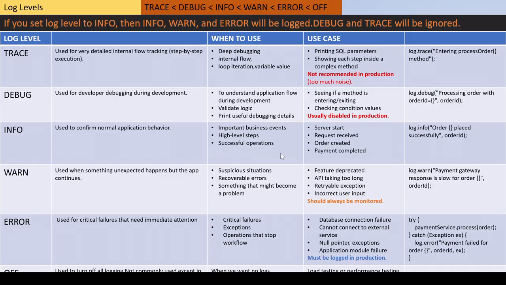For example, a user has been created successfully, so at that time we can log it. Or the order has been placed successfully, server start, request received, order created, payment completed, those high-level things we can mention.